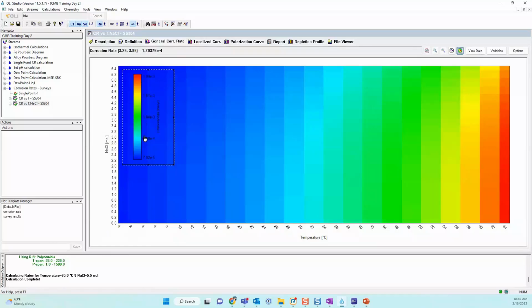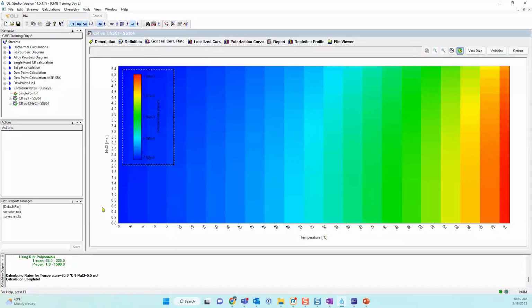Okay, and it's saying the lowest corrosion rate that you can see is 7.92 × 10^-5 millimeters per year. And the highest is here at the highest temperatures, and is 1.99 × 10^-3 millimeters per year. Now you'll see that this is more visual, right? You can see that the results are much easier to interpret if you see it by colors and see what's happening.